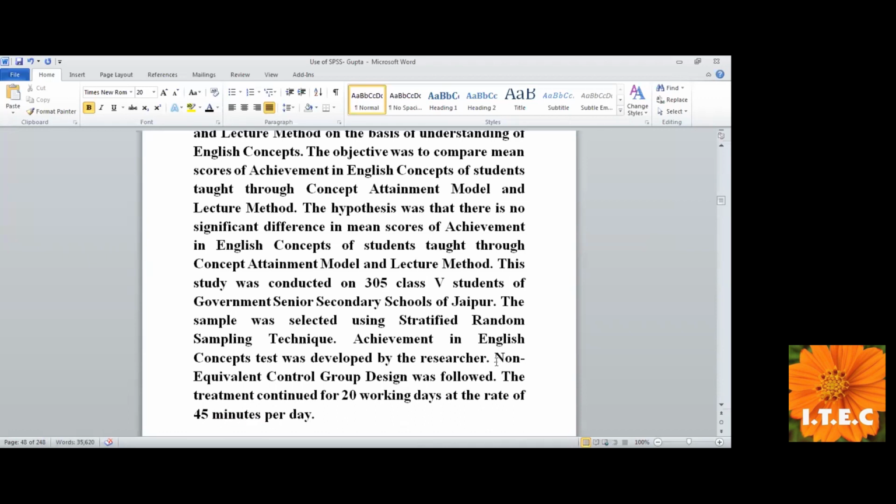From here to here is related to your experiment: the name of the experimental design and the treatment duration.